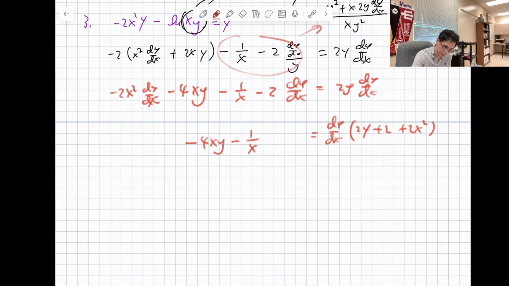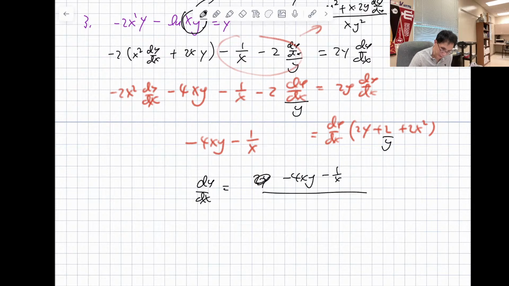Yes, I forgot to write that down. So this one is 2 over y. Thank you. Now our dy/dx is equal to minus 4xy minus 1 over x, over 2y plus 2 over y plus 2x squared.